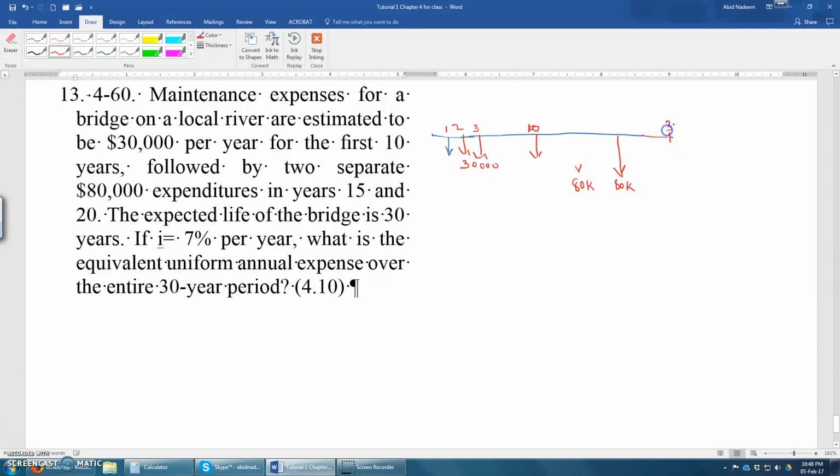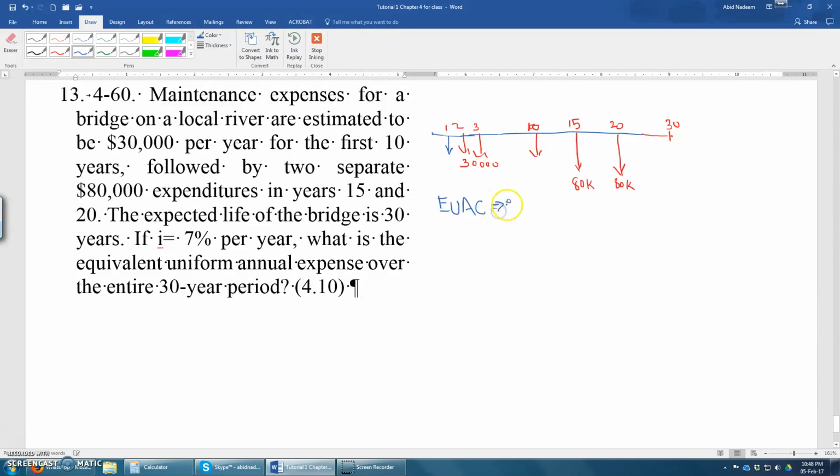So this is 30, this is 20, and this is 15. We need to find the equivalent uniform annual cost, or EUAC.